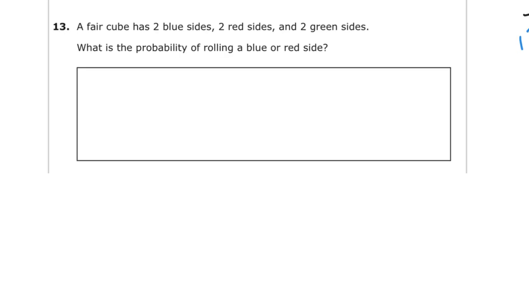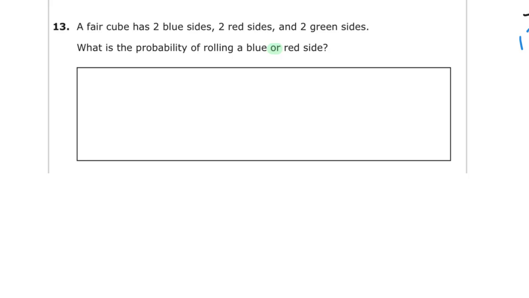So the word "or" suggests that you will be adding the probability of rolling a blue side plus the probability of rolling a red side. Now, when you get into higher level probability questions, it becomes a little more nuanced.